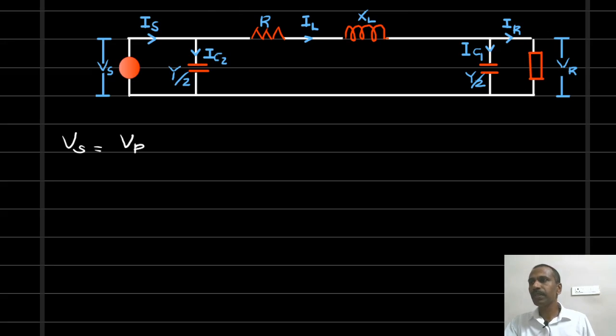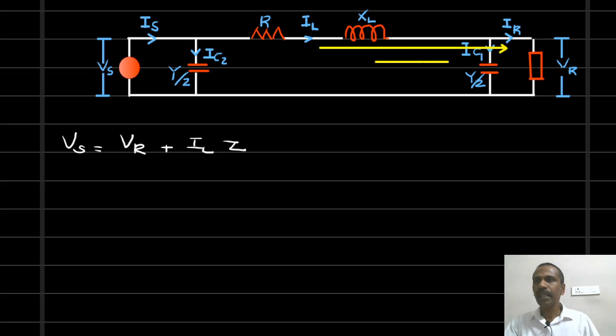That is VR plus IL into Z. But this IL splits into two parts. One flows through the load, that is our IR. The second part flows through this capacitor. So IL equals IR plus IC1.